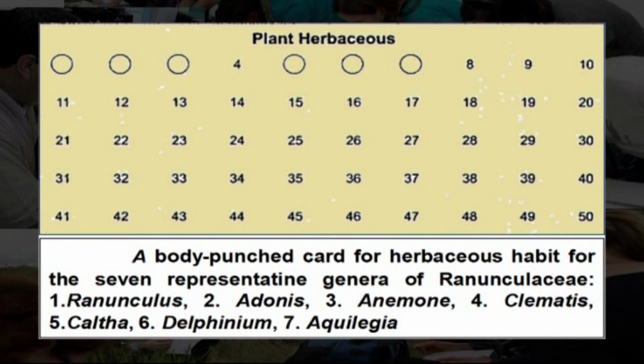Round holes are punched on the taxon number for the taxon which possesses the character. The plant to be identified is examined and its characters noted. A good specimen often fetches 20 to 25 characters. One selects those cards corresponding to the characters found on the plant. The cards are put on top of one another in a stack.